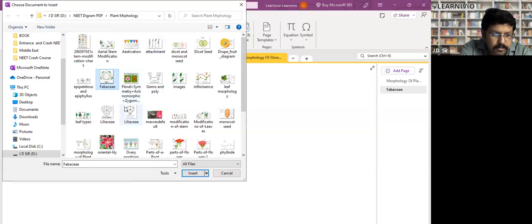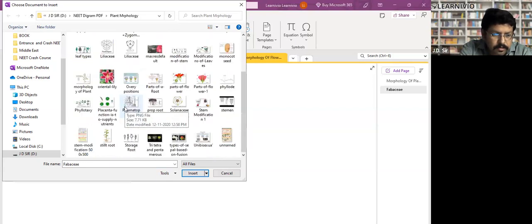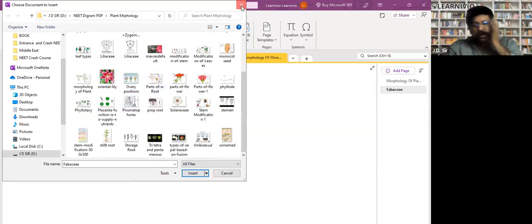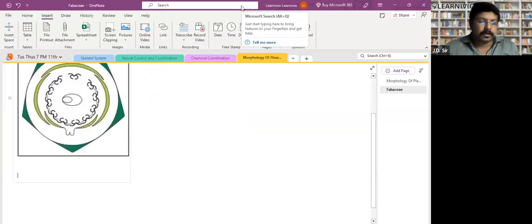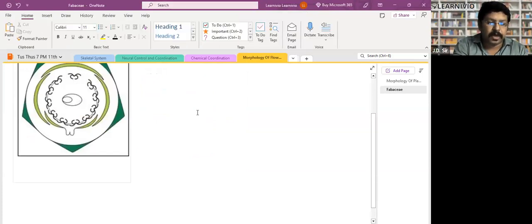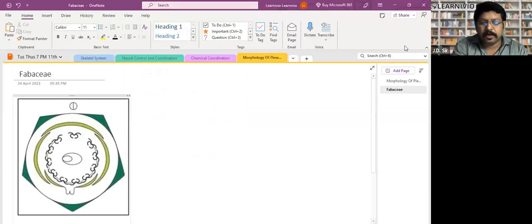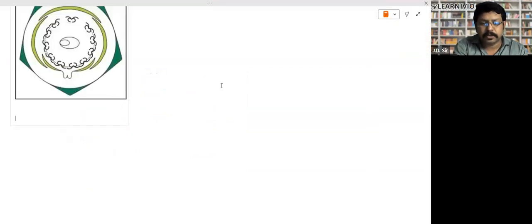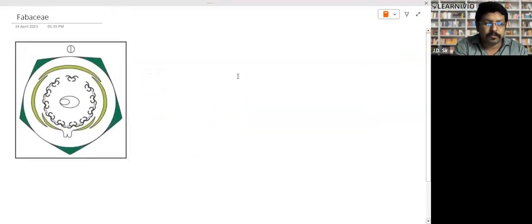Actually, I was searching for the floral formula as well, but the floral diagram is here. Let me discuss with you what you will get as a question and what you need to remember in this family only.